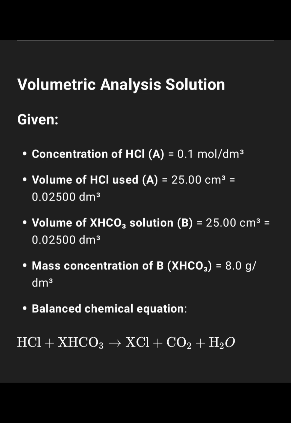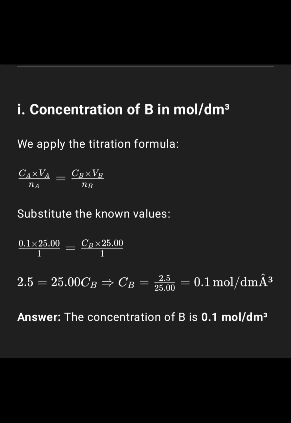So let's start. Calculating our first question, the concentration of B in mole per dm cube, we apply our titration formula, CAVA over CBVB equals NA over NB. Remember, our CA is the concentration of acid, that's our A, and CB is the concentration of base. We are looking for CB, so we make CB subject of the formula.